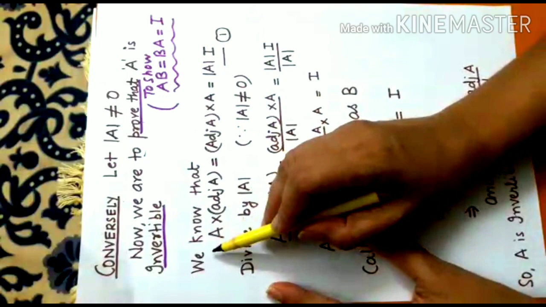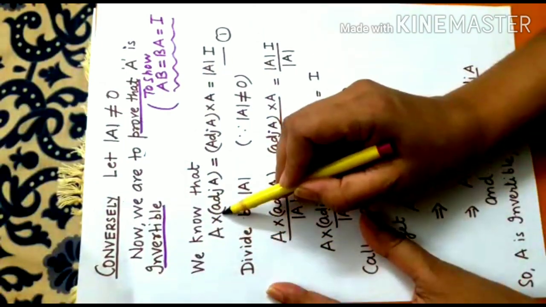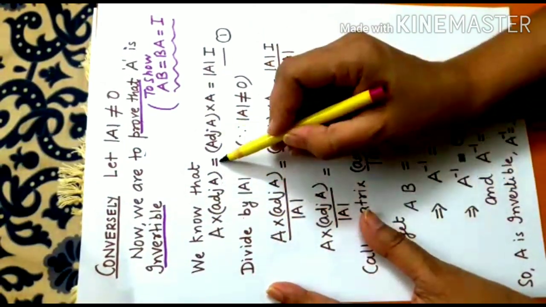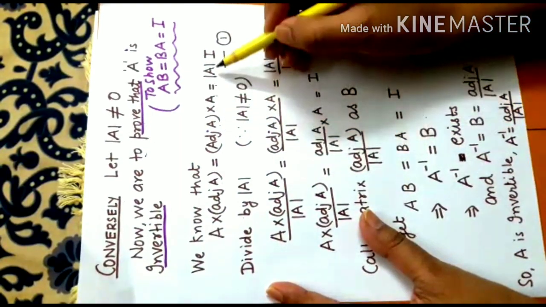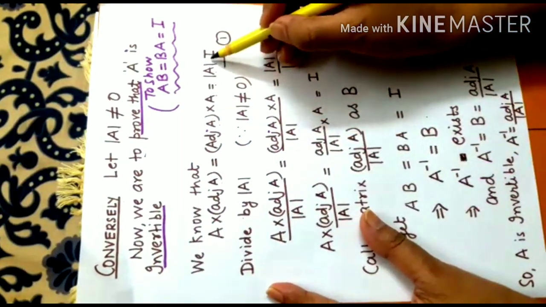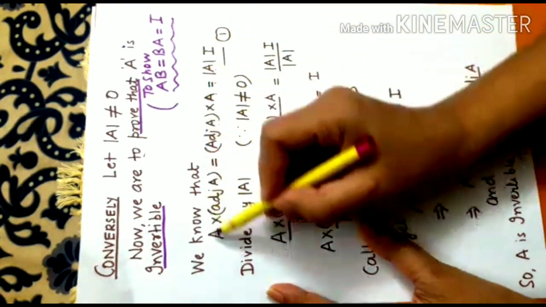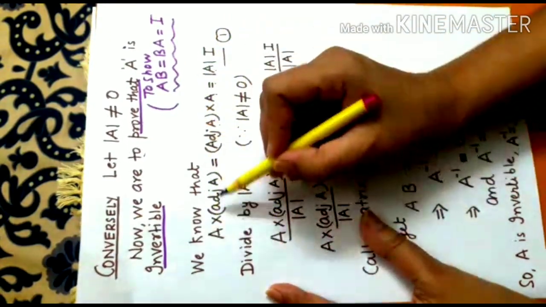Now we know that A into adjoint A is equal to adjoint A into A equals determinant A into I. This we had verified in the last class.